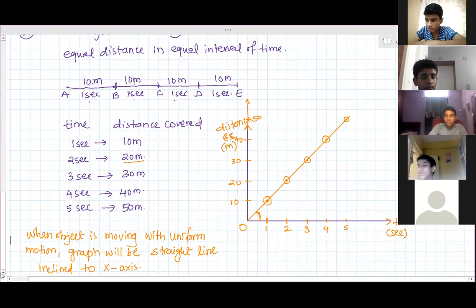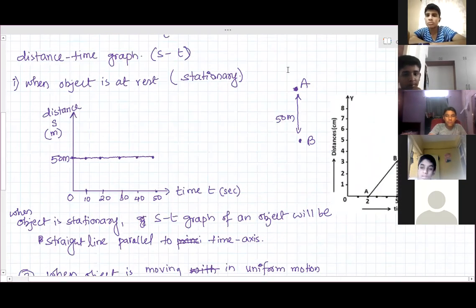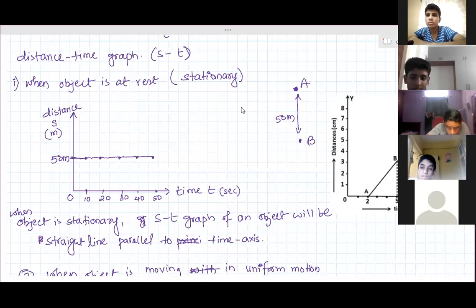Done, everyone? Yes, ma'am. Now you can tell me, in this graph, where the object is moving from which position to which position with uniform motion?